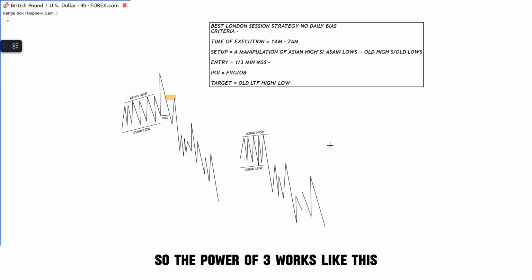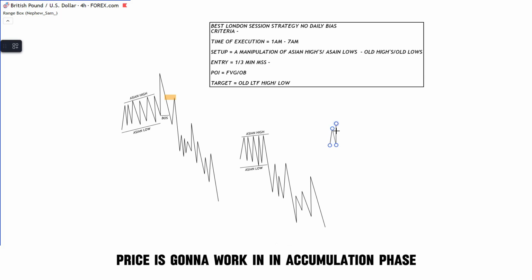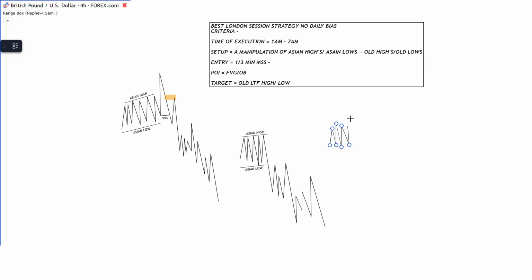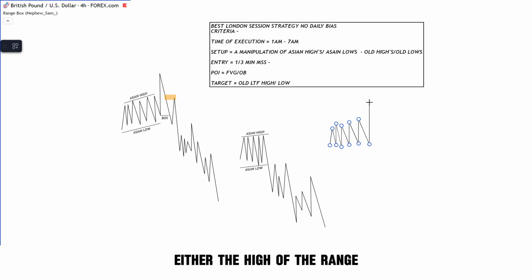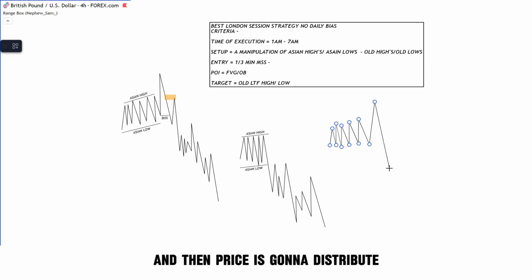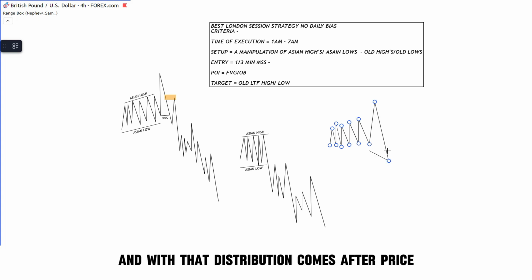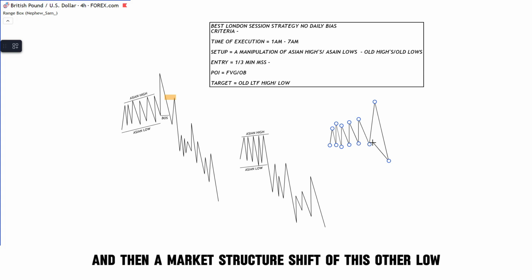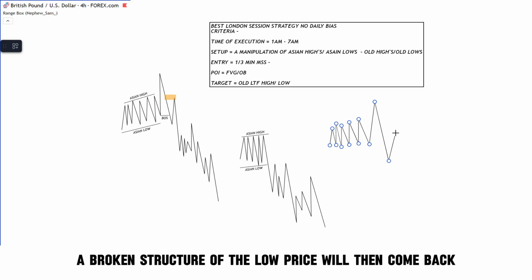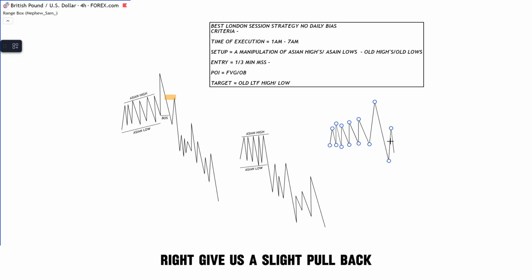First, we have to understand our power of three. The power of three works like this. Price is going to work in an accumulation phase, where price is going to build orders, and then price is going to manipulate either the high of the range or the low of the range. Let's say price manipulates the high, and then price is going to distribute. After price gives us our distribution and then a market structure shift, a break of structure of the low, price will then come back and give us a slight pullback where we can enter.